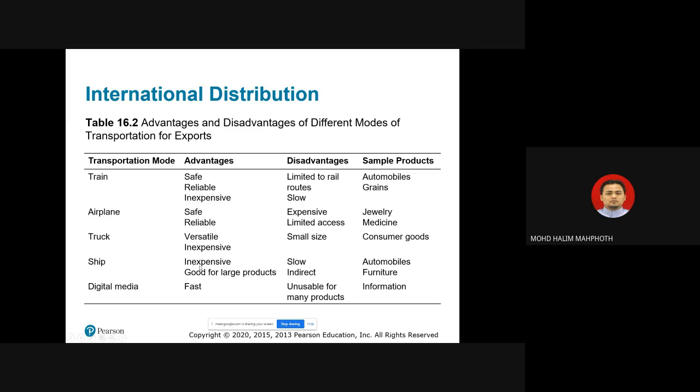The cheap, inexpensive mode, sea, is very cheap but slow, three to four months to reach the destination, and most toward bulky products. Digital media is fast but unusable for many products, more toward services and relaying information to the public.